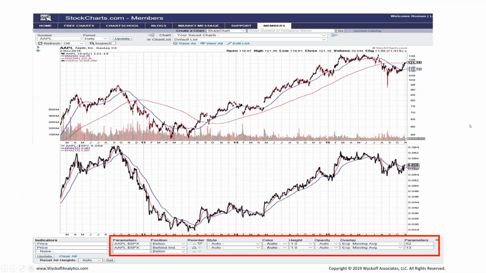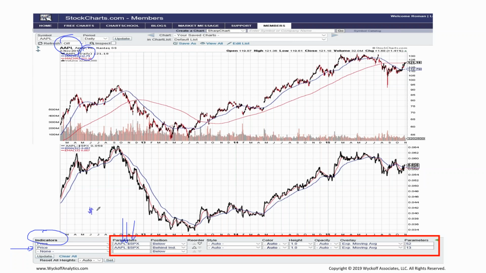Okay. Well, let's talk about the relative strength line ratio. How do we create it? This is from StockCharts, Apple daily chart. And then at the bottom, under the indicators, you have to put price and then take the symbol of this stock, division sign, and then a market proxy. You could also write something like this.